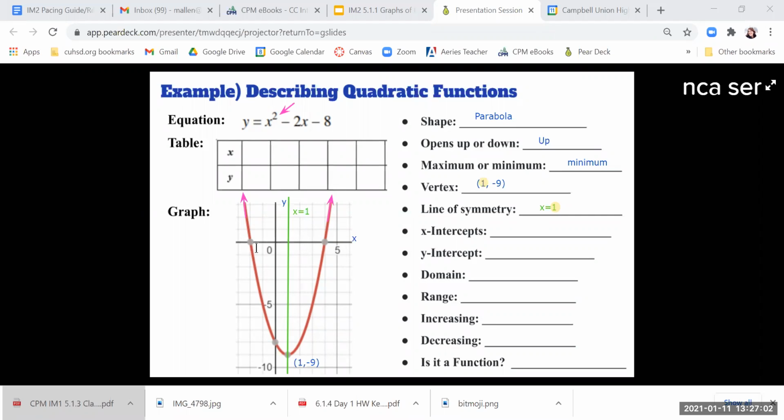Here we have one at (-2, 0), and there's our first x-intercept. And here we have another one at (4, 0). I'm going to go ahead and put those in my list.